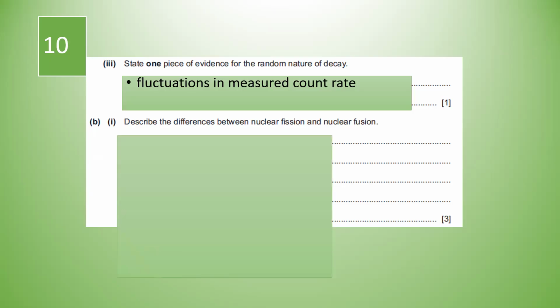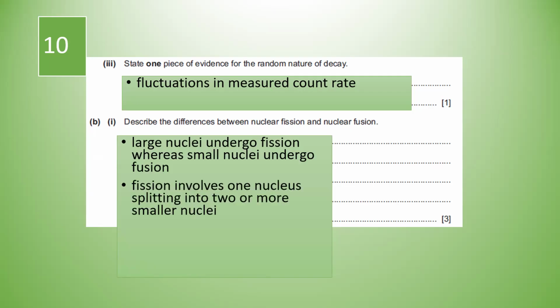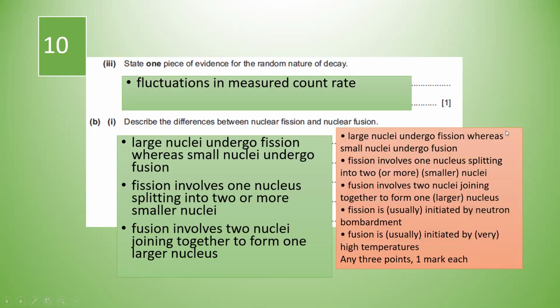Make sure you got 3 points. Large nuclei undergo fission, whereas smaller nuclei undergo fusion. Fission involves one nucleus splitting into two or more smaller nuclei. Fusion involves two nuclei joining together to form one larger nucleus. These are various other alternative answers that the examiner will accept.